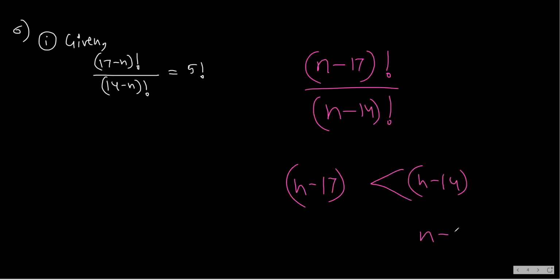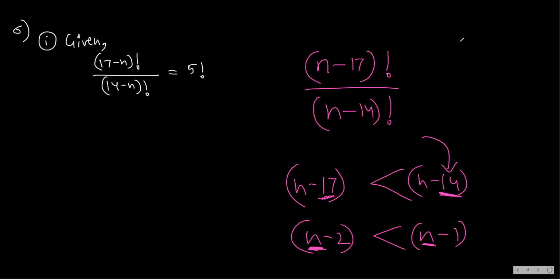Like n minus 1 will be bigger than n minus 2. Here you are subtracting 2 from n, there you are subtracting 1 from n. Definitely when you subtract less, the number you get is bigger. Same thing, you are subtracting 14, which is a lesser number, and here you are subtracting 17, which is a bigger number.